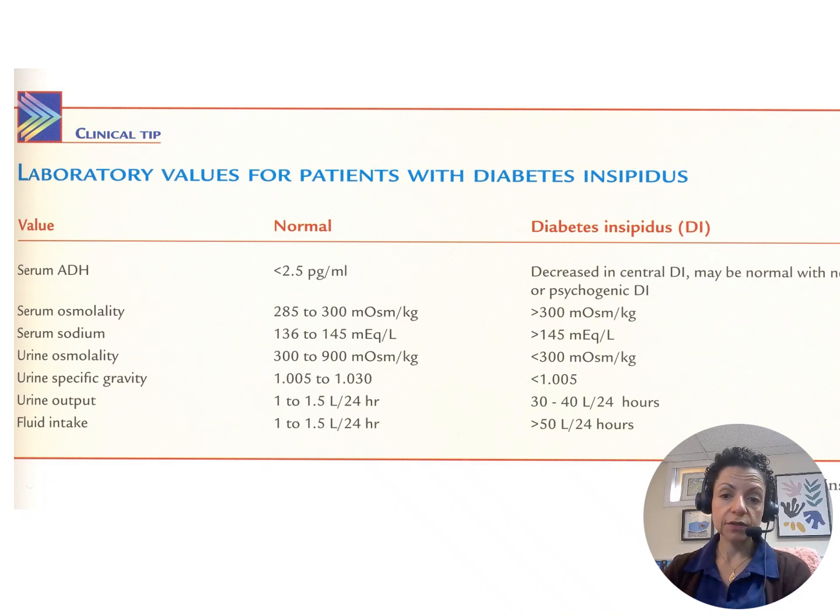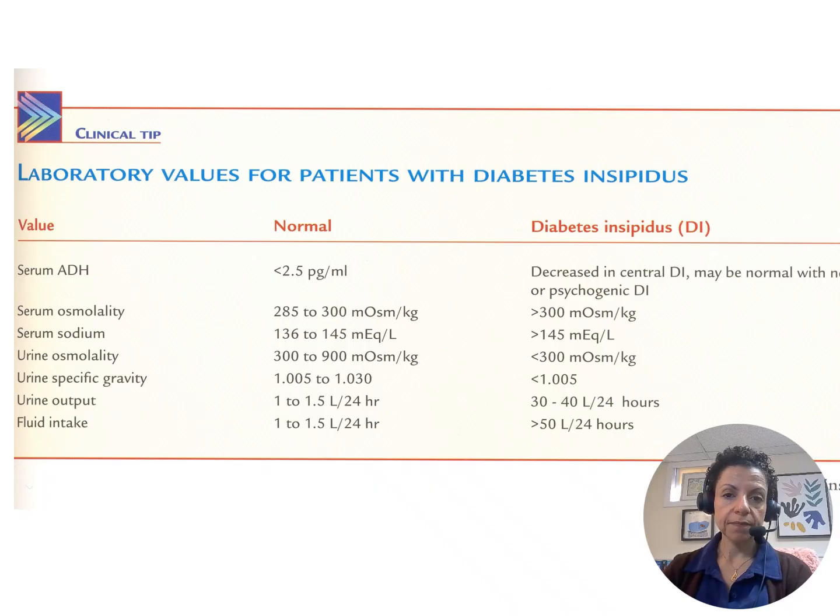It may actually be 0. With nephrogenic DI, it's going to be either normal or high, right? Because you're very dehydrated, you're going to be producing lots of ADH, but it won't help because your kidneys are not responding.